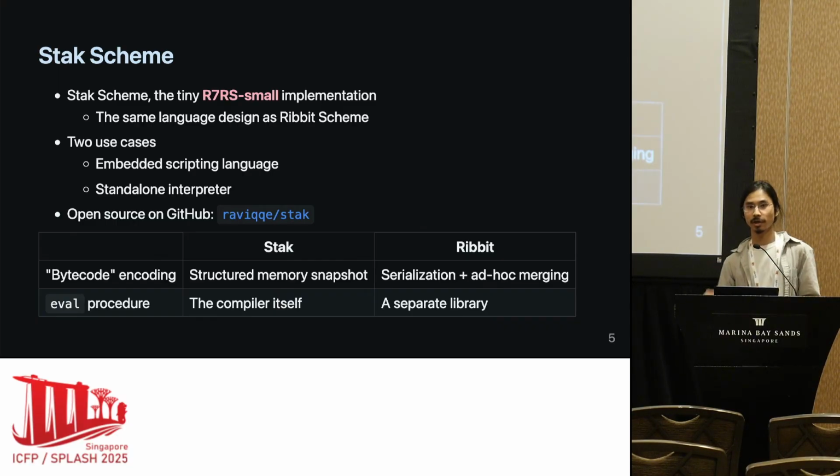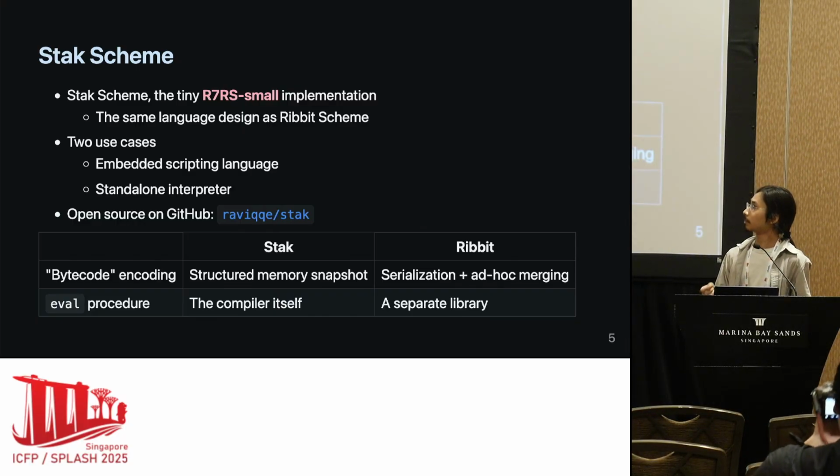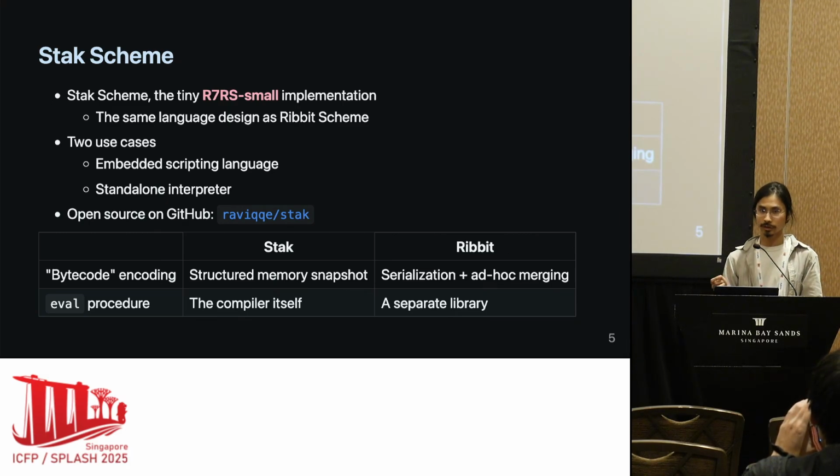But it still aims for the same language design of Ribbit Scheme, compact and portable. There are two use cases for this. One is running it inside some other host programming language's environment as a scripting language.